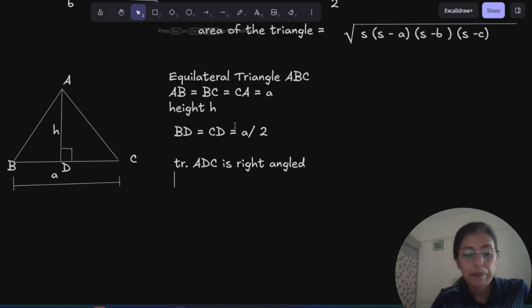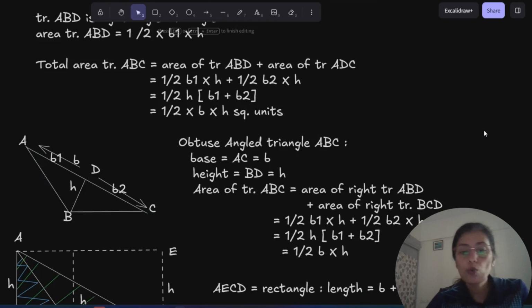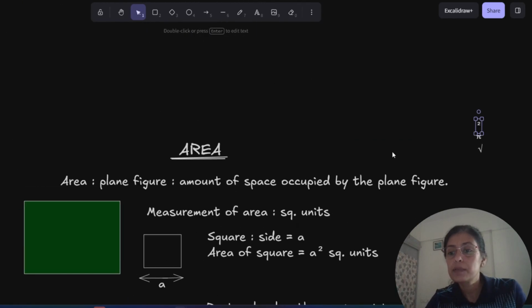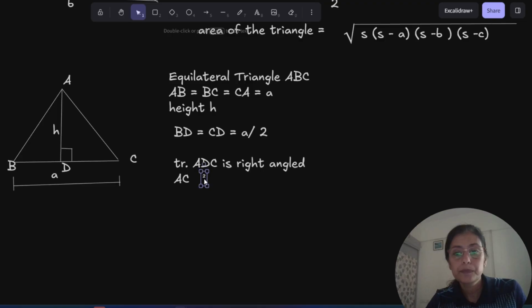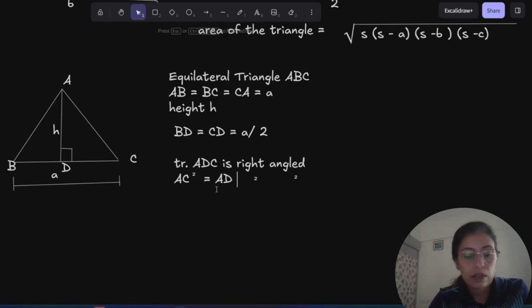So this means AC square is equal to hypotenuse square is equal to the sum of the squares of both the sides, by Pythagoras theorem.